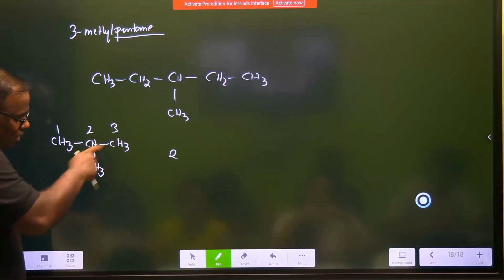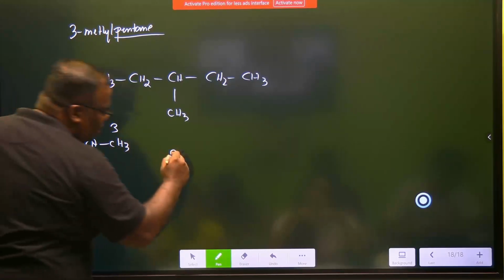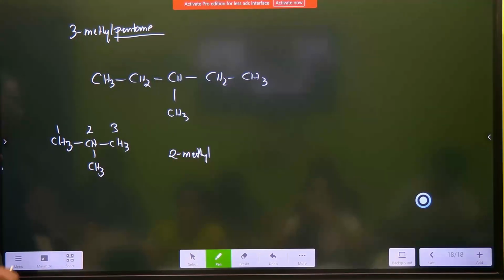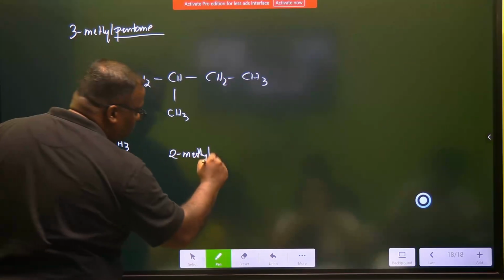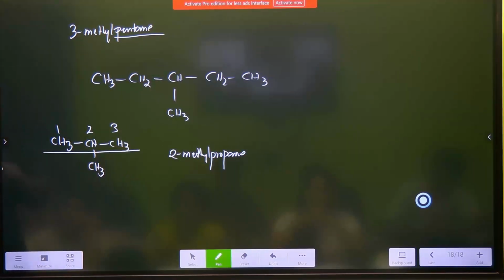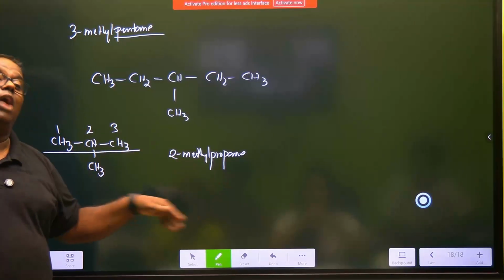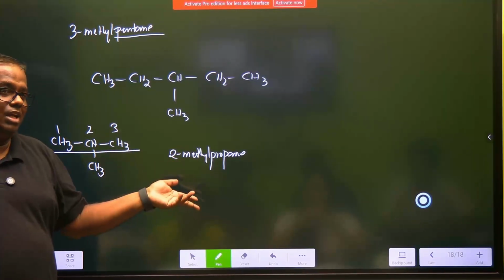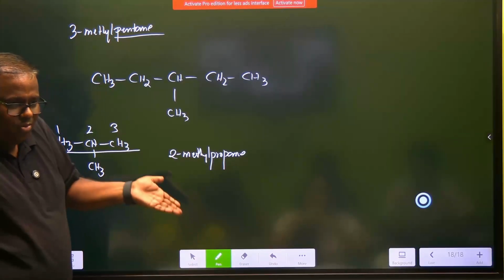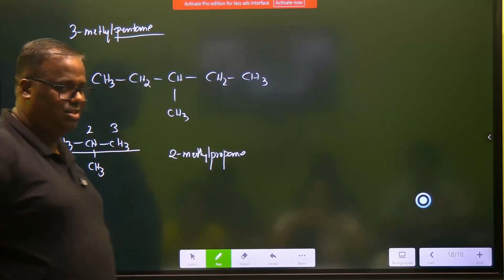If you go this, then also it's methyl. So at 2, you attached methyl. How many carbon atoms in your straight chain? 3. Propane. Not butane. 1, 2, 3. It is a propane on whose second carbon there is a node, and in that node who came? Methyl has come.